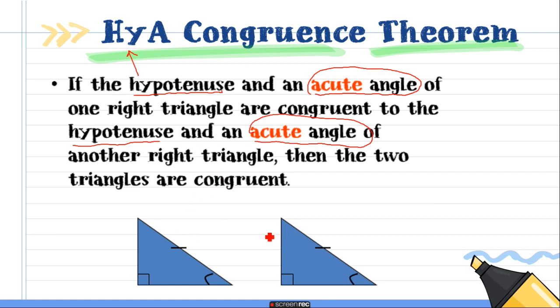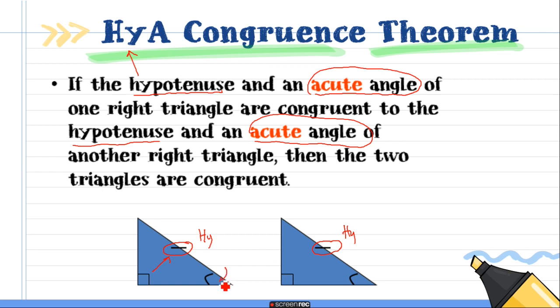Let's look again at these given triangles. We have this side congruent to this side. Now, this is the hypotenuse. How do we know that this side is a hypotenuse? We said a while ago that to locate the hypotenuse, it is always opposite the right angle. So this is the hypotenuse, and this one is also the hypotenuse.